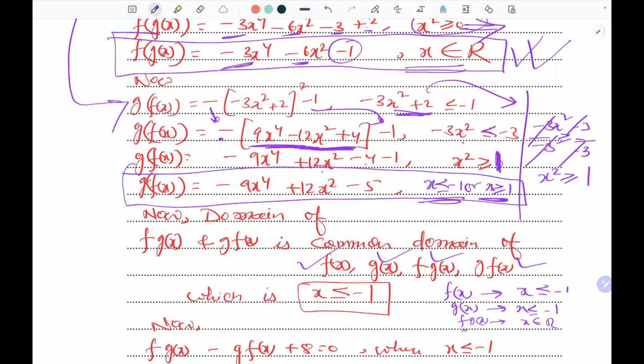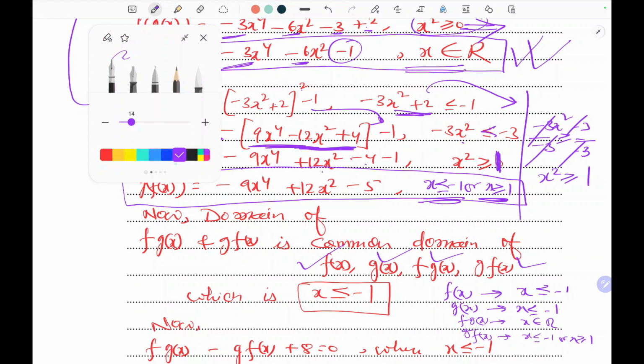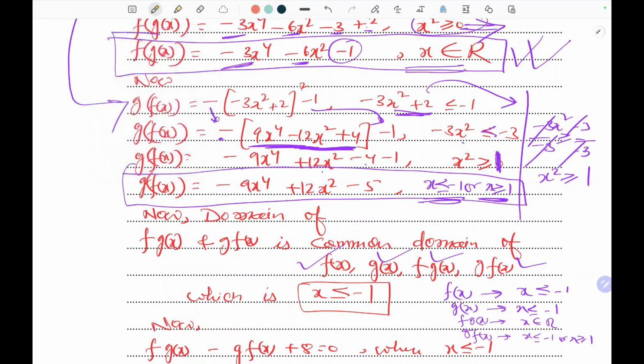What's the domain of f of g(x)? All real numbers. And what's the domain of g of f(x)? x less than minus 1 or x greater than or equal to 1. What's the common domain for everything? So this is minus 1, this is minus 1, this is minus 1, and when x belongs to all real numbers, then definitely x less than minus 1 will come under this also.